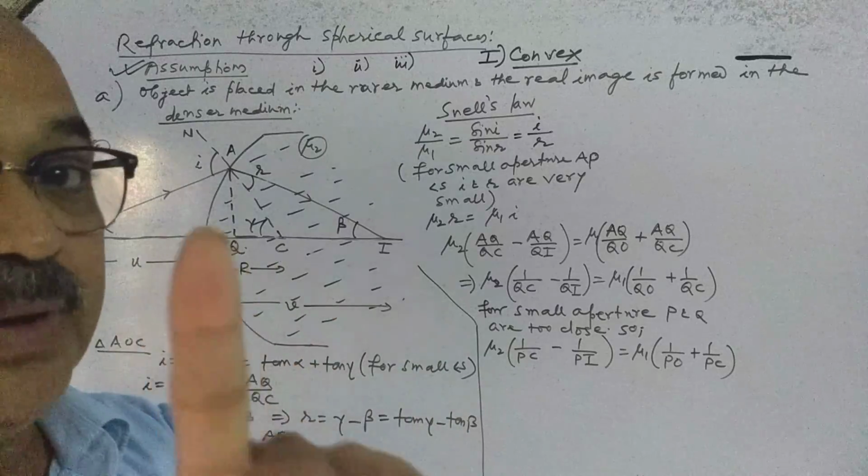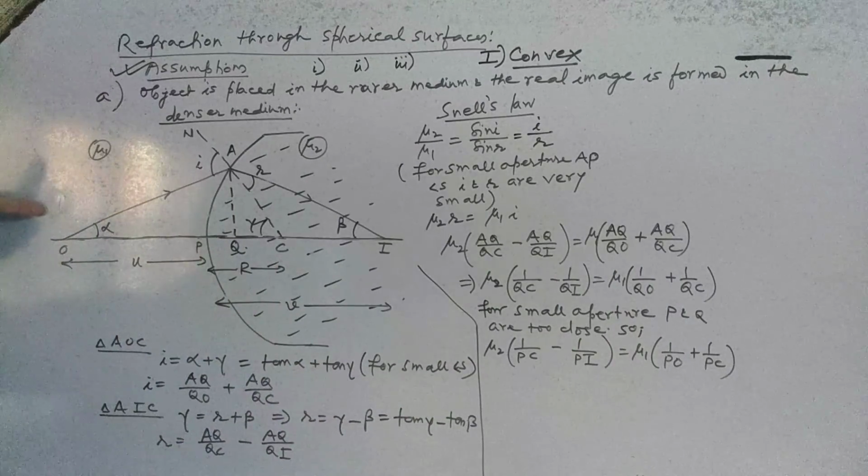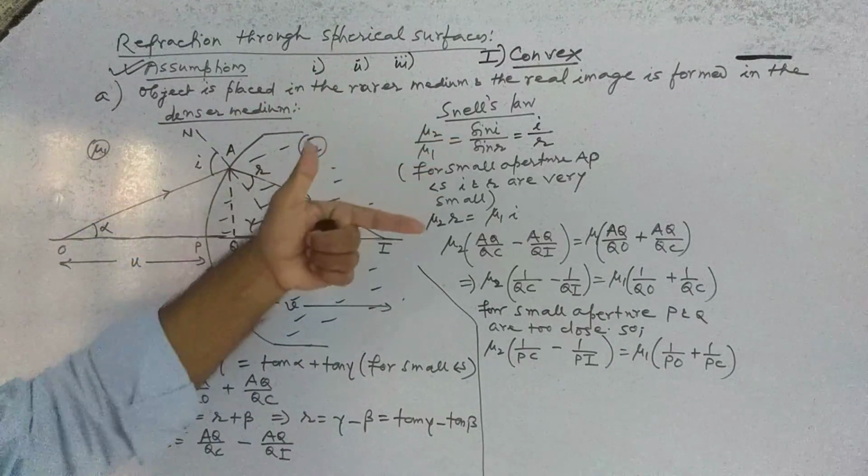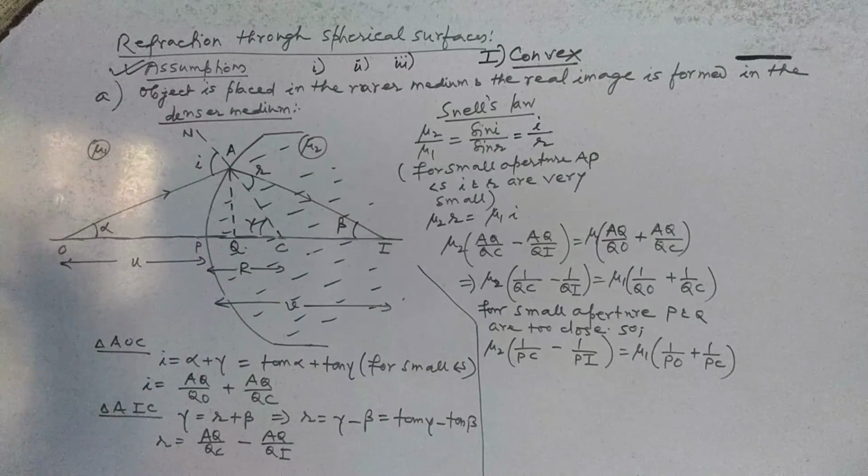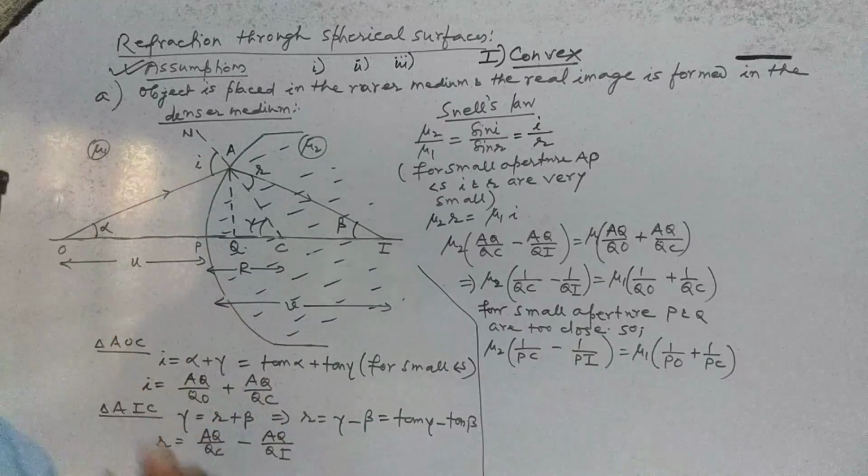So now apply the sign convention, in which the direction of the incident ray is from left to right. All measurements in the direction of the incident ray will be positive.